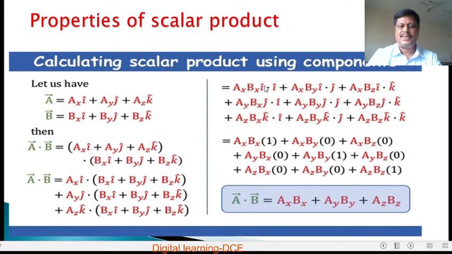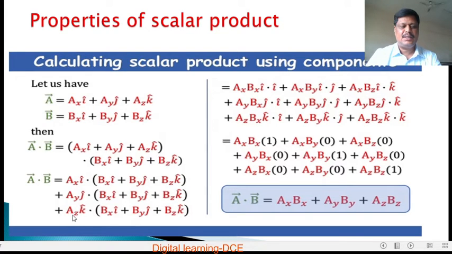So Ax Bx into i cap dot i cap, plus Ax By into i cap dot j cap, plus Ax Bz into i cap dot k cap, plus Ay Bx into j cap dot i cap, plus Ay By into j cap dot j cap, plus Ay Bz into j cap dot k cap.